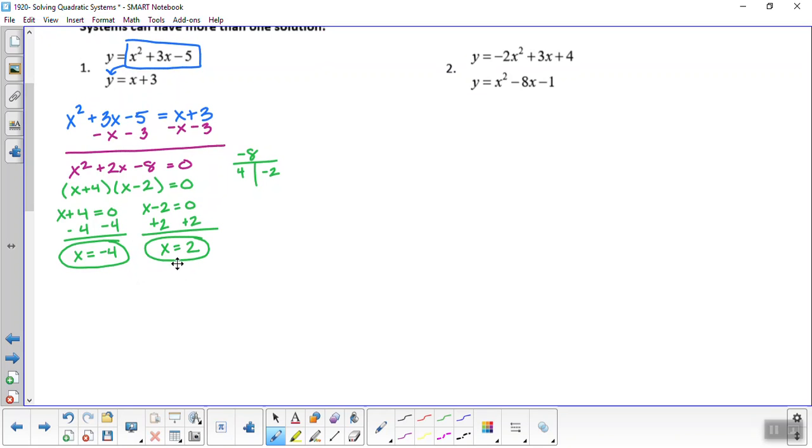I need to figure out what y equals. Normally, we would take our numbers and plug them back into our box, but that's a lot of work. I also noticed that I have y by itself in the second one, just x plus 3. So I'm going to take each number and plug it back into this equation. You can pick the box and plug it into the box, that's completely fine.